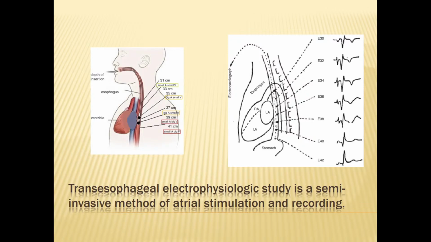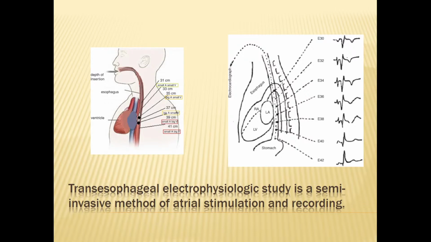How do we do it? We introduce the electrode through the mouth or, more commonly, through the nose into the esophagus and move it to the level of the atrium. Stop it at the level of the atrium, and we can detect atrial activity more clearly. In surface ECG, the P wave may not be visible.